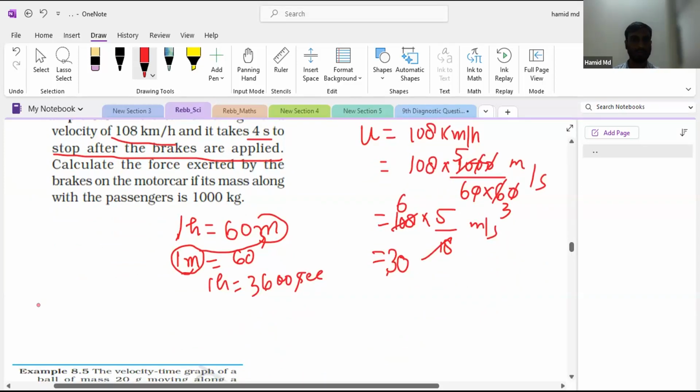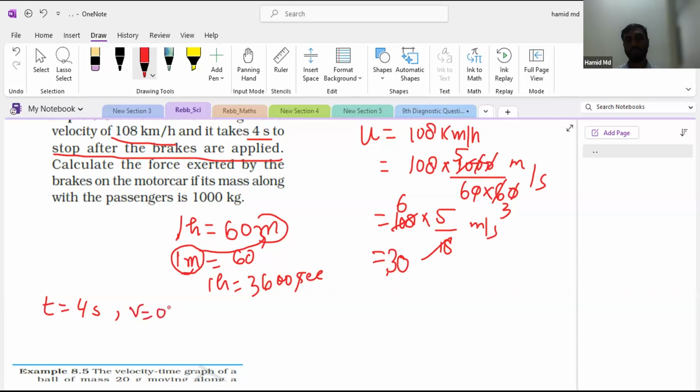So it says that t is 4 seconds, right? So final velocity is 0 meter per second. Final velocity 0 meter per second, right?